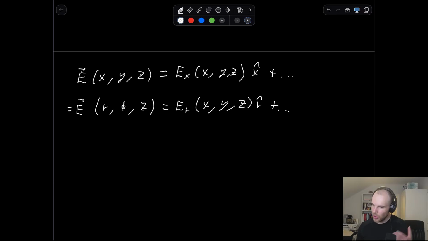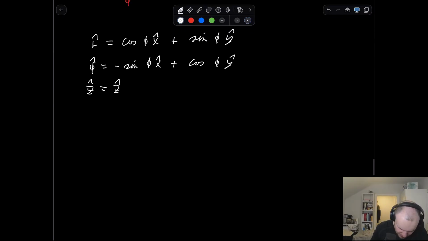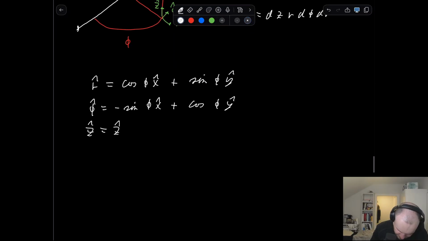I need to go to cylindrical coordinates the same way. So we want to represent the unit vectors for cylindrical coordinates. Okay, let's see. I have r, phi.